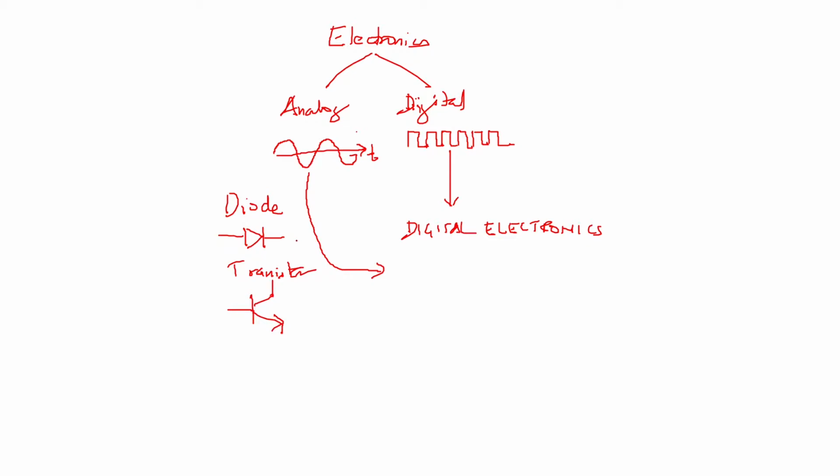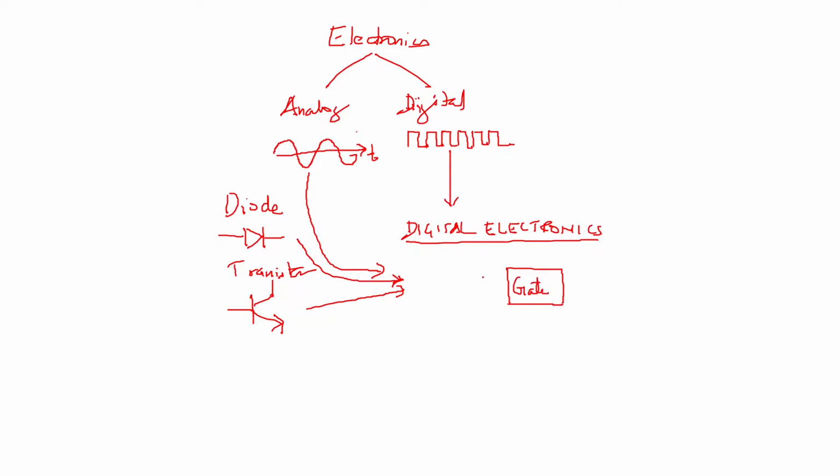Now, we will make combinations of these devices, a circuit of them, and we will make a new digital electronic component which will give a certain output for a certain combination of inputs. If I make the basic digital component, it will be called a gate.